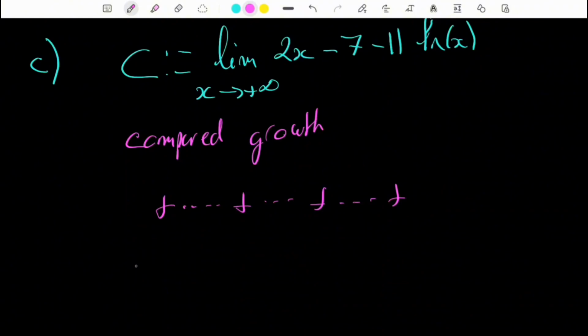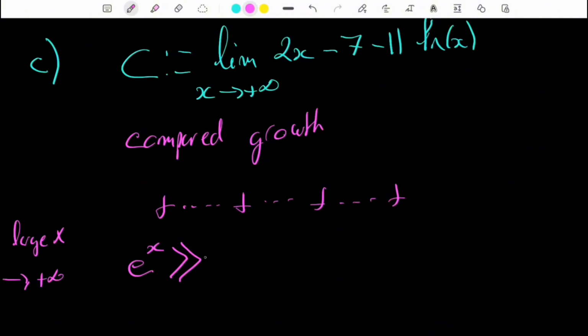So, for instance, exponential of x is greater, for large x, so it includes going to infinity.